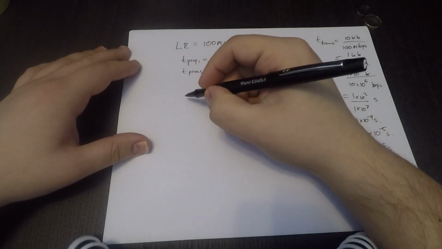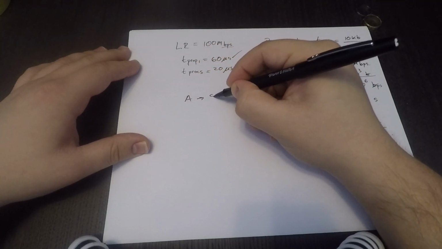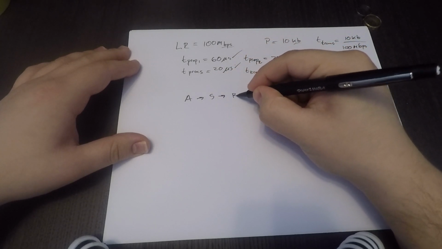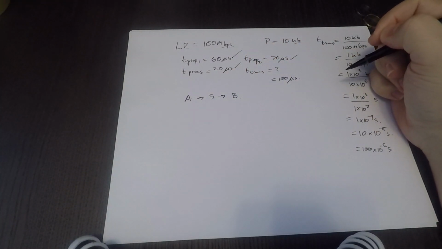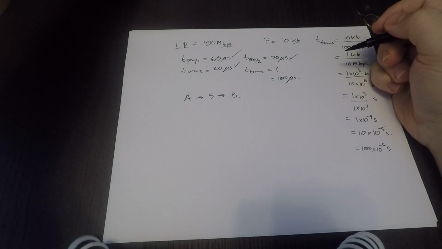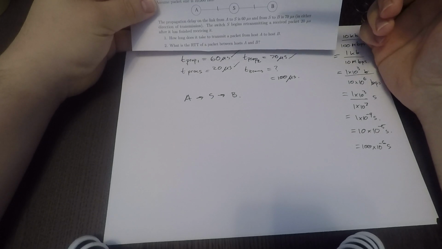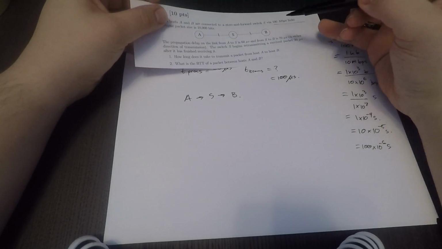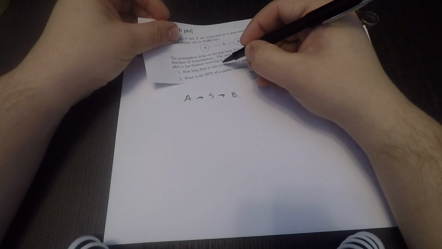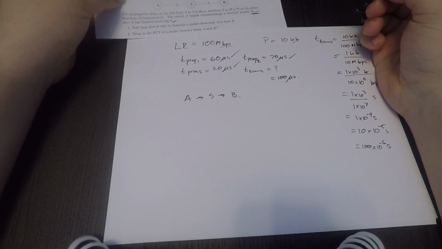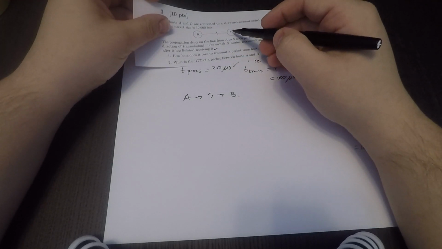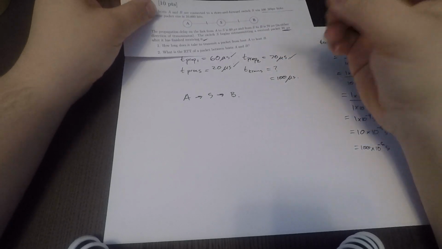So if I want to go from A to S to B, what do we have? Let's take a look at our question again. Now that we've gotten all of our time units in order, the switch begins retransmitting 20 after receiving. So we have to transmit from A, we have to transmit from S, and that's it.